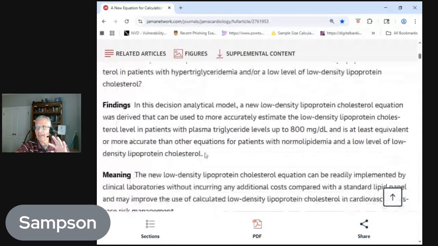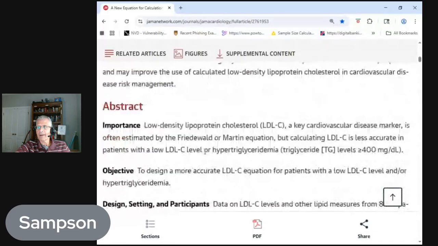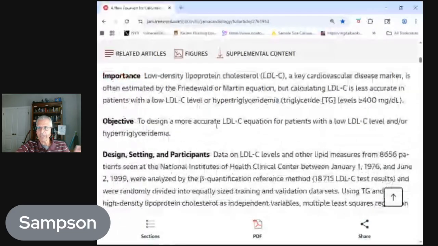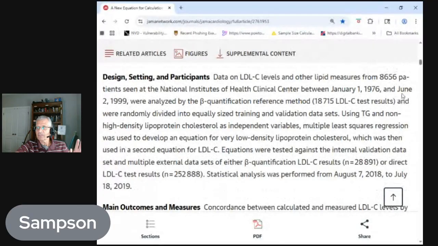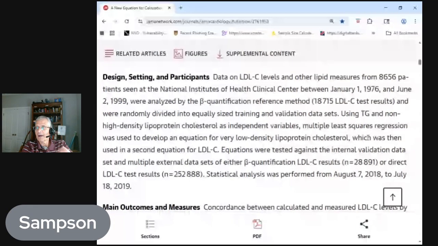So they talk about this, and they talk about LDL cholesterol, which is good, and then 8,656 patients, fantastic. That's actually really good. Seen at the National Institute of Health Clinic between January 1st, 1976 and June 2nd, 1999. So what, 25 years, 26 years, since the last one was done.